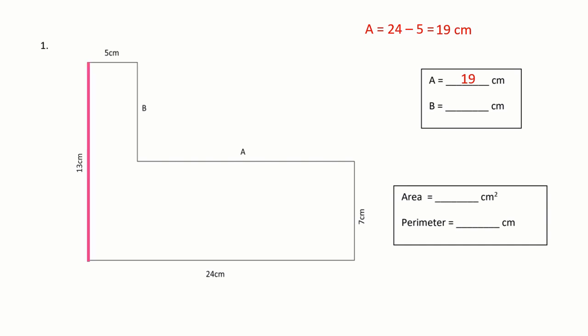We know that this vertical line is 13 centimetres, and we're going to use that to help us figure out the length of line B. I think you've figured this out now. You know that this other vertical line is 7 centimetres, and remember, when we're looking for the length of a vertical line, we can only use other vertical lines to help us. So that's 7 centimetres going over.